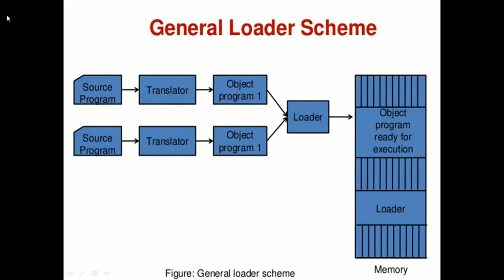You can see that in one place there is a loader and in another place there is an object program which is ready for execution. Both are stored simultaneously, but the loader will consume lesser space, and instructions will go on executing one by one.